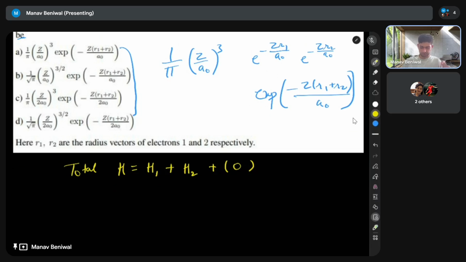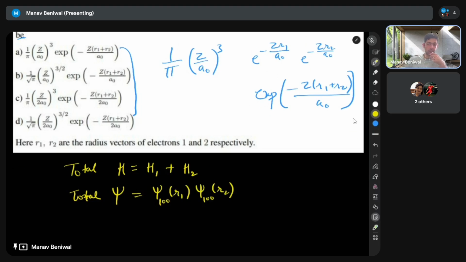That's it. And when we have a total Hamiltonian of this form, then our total wave function psi is just the product of psi 100 ground state r1 and psi 100 ground state r2. So our total wave function is just a product of two wave functions.